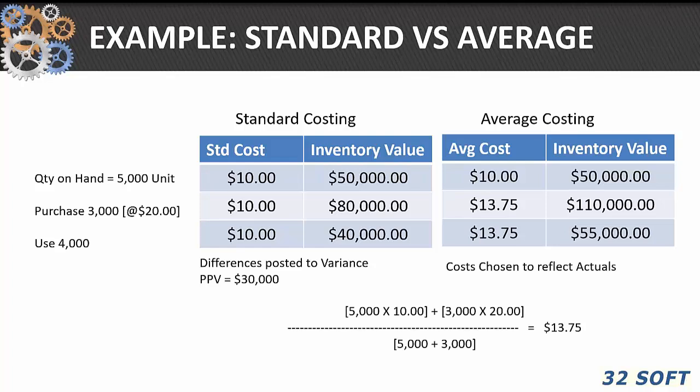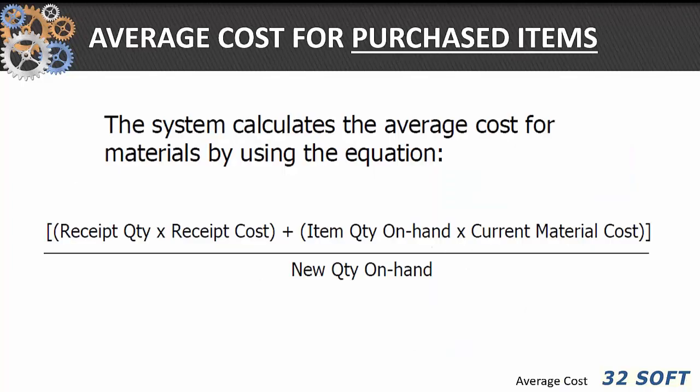However, with average pricing, you can see there's a difference in the way that the system calculates that. It's going to take your 5 times 10, the 3 times 20, and divide it by the number of units, which is the 3 plus the 5 to get a $13.75. So it reflects the actual cost more accurately with this average costing.